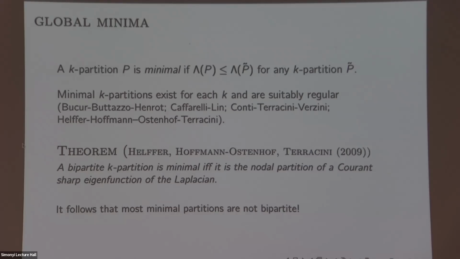Okay, what is a Courant-sharp eigenfunction? It's just an eigenfunction that achieves this upper bound. So I'll say the nth eigenfunction psi n is Courant-sharp if it has exactly n nodal domains.